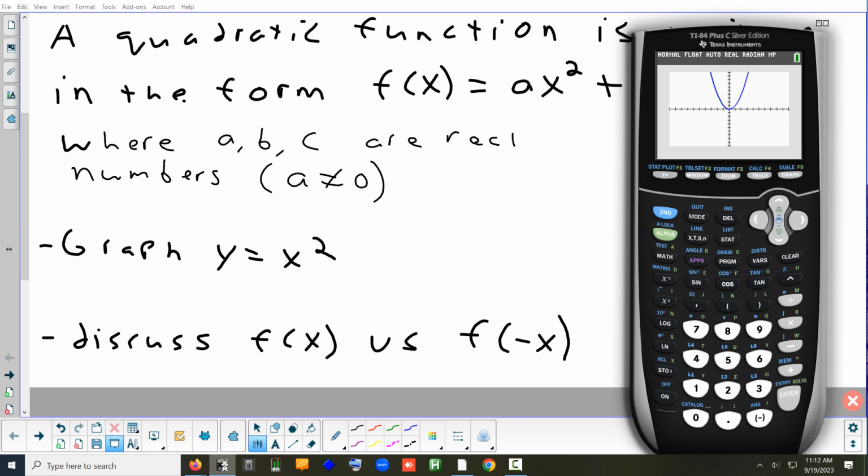But this time I'm going to replace x with negative x in parentheses. Remember, when you type a negative on the calculator, it's the button below the 3. Okay, so in parentheses I'm going to put negative x, and I'm going to square it. And I want to see how that compares to the original.